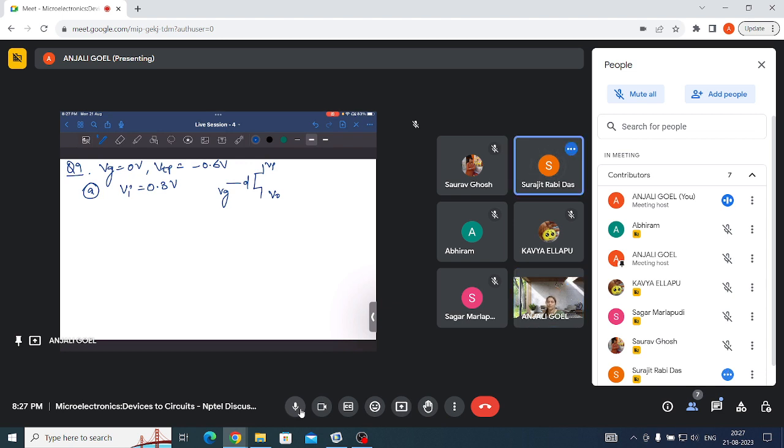Yeah, 0.6. Saurav, what is your answer? 0.6, ma'am. Yeah. So V naught is equal to 0.6 volt.